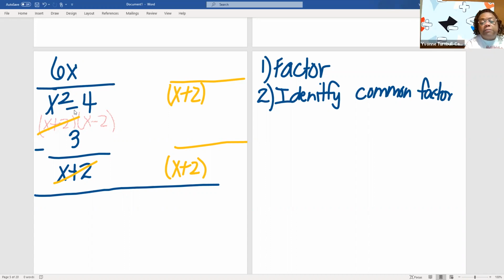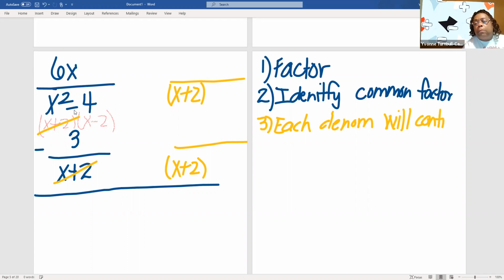So whatever remains in each denominator, and I said this earlier, but I didn't say it the way I'm saying it now because I couldn't remember how I used to say it. Each denominator will contribute to the LCD.